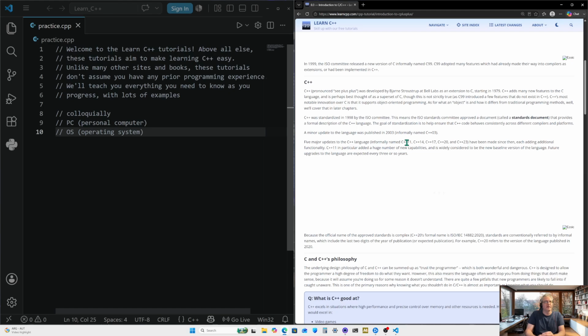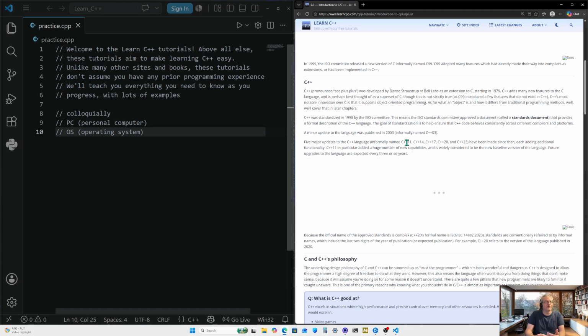C++'s most notable innovation over C is that it supports object-oriented programming, which we discussed in my other source of information, OOP. As for what an object is and how it differs from traditional programming methods, we'll cover that in later chapters.